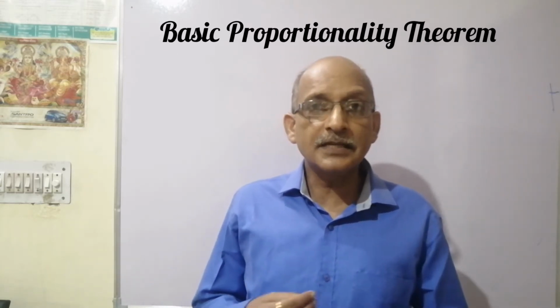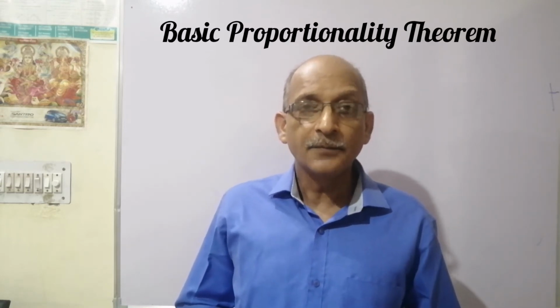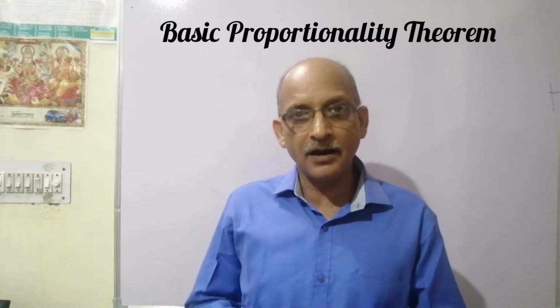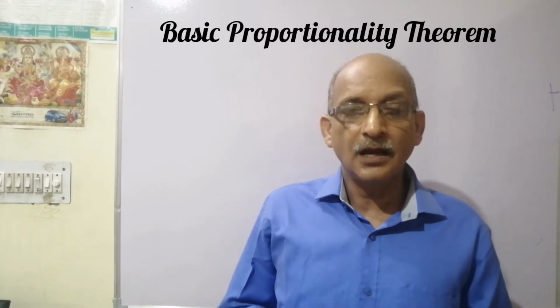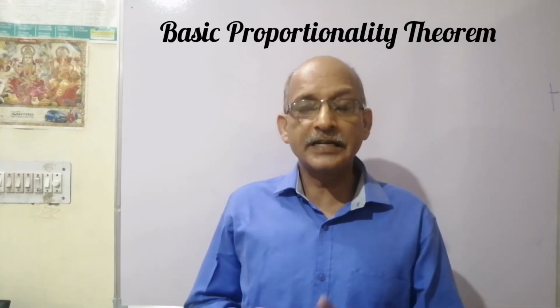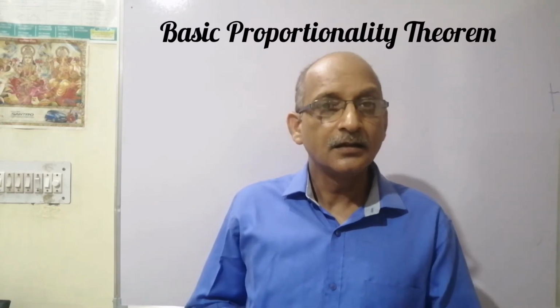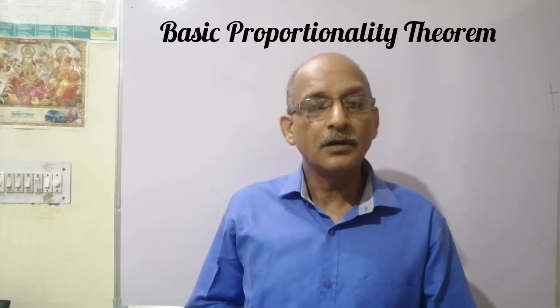Sometimes they ask in the statement form: prove that if a line is drawn parallel to one side of a triangle intersecting the other two sides at distinct points, it divides the other two sides in the same ratio.